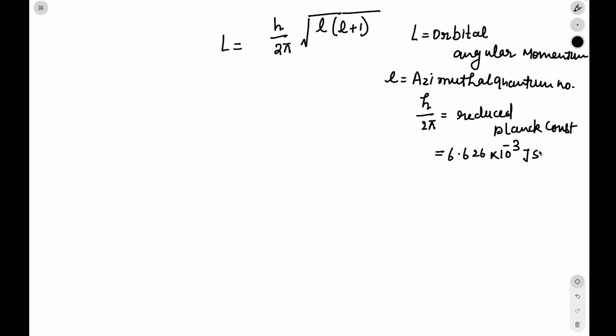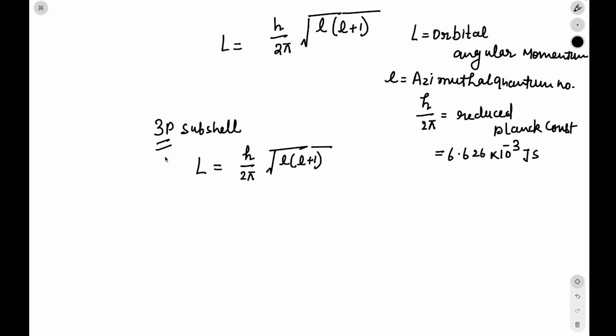Js. Suppose we need to find the angular momentum of an electron in the 3p subshell. Then how do we calculate it? Angular momentum of an electron L equals h upon 2 pi under root l(l plus 1).